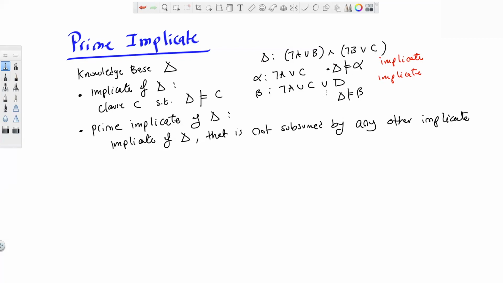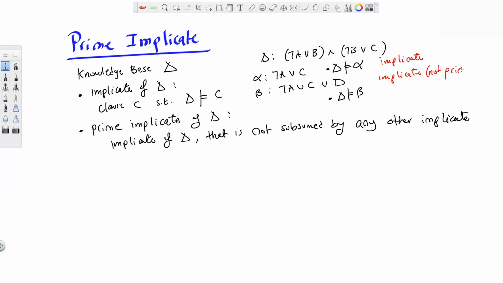In both cases, these are both implicates. Question: is beta a prime implicate in this case? Remember the definition: it is a prime implicate if it's an implicate that is not subsumed by another clause. People are saying no, and the reason is I do have another implicate that is shorter, that subsumes it. So this is here not prime.